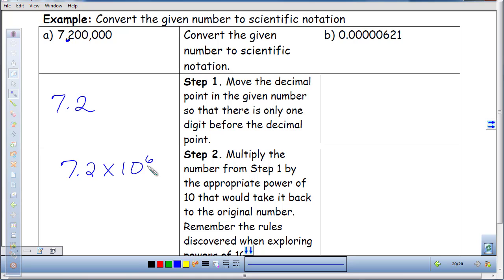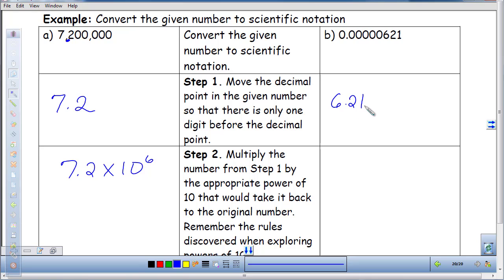Okay, establish your base first so that it's between 1 and 10, and then think about what we need to do to this base to get it back to where we started. All right? Yes? Is there any time scientific notation will not be raised to the 10th power? Nope, scientific notation is always times 10 to a power. Okay, good question. All right. Over here in B, first thing I'm going to do is write my base as what?